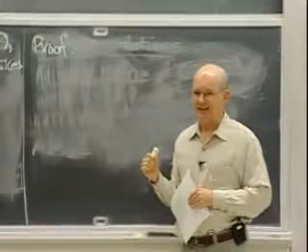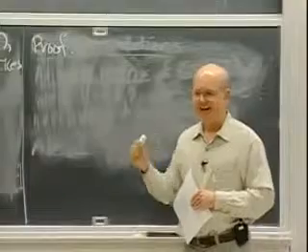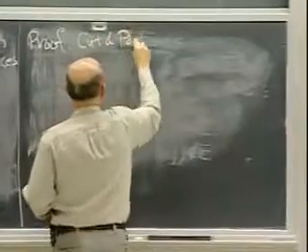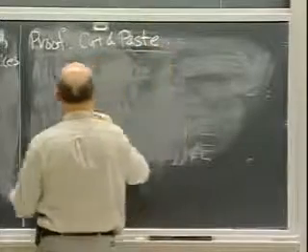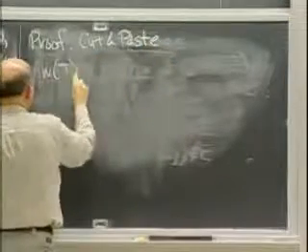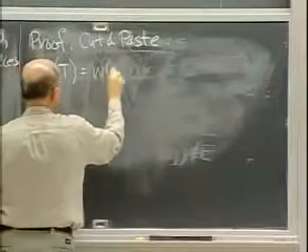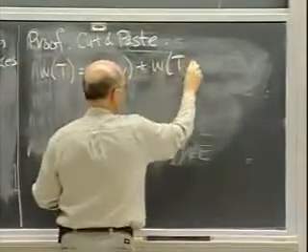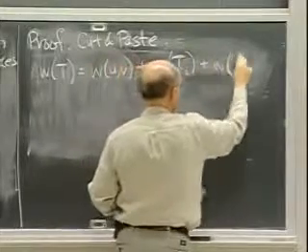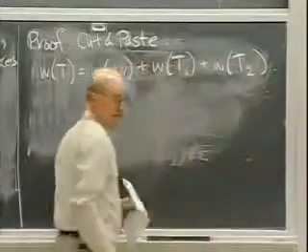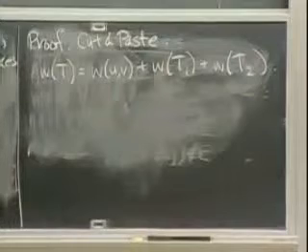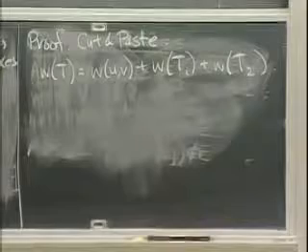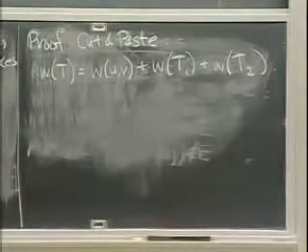Something you do in your text editor all the time. Cut and paste. Good. Cut and paste. So the weight of T I can express as the weight of the edge I removed plus the weight of T1 plus the weight of T2. Okay? So that's the total weight.